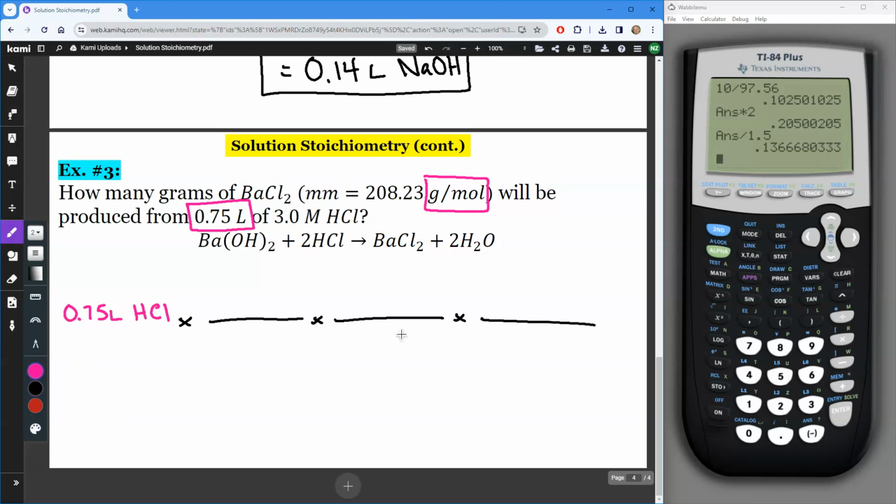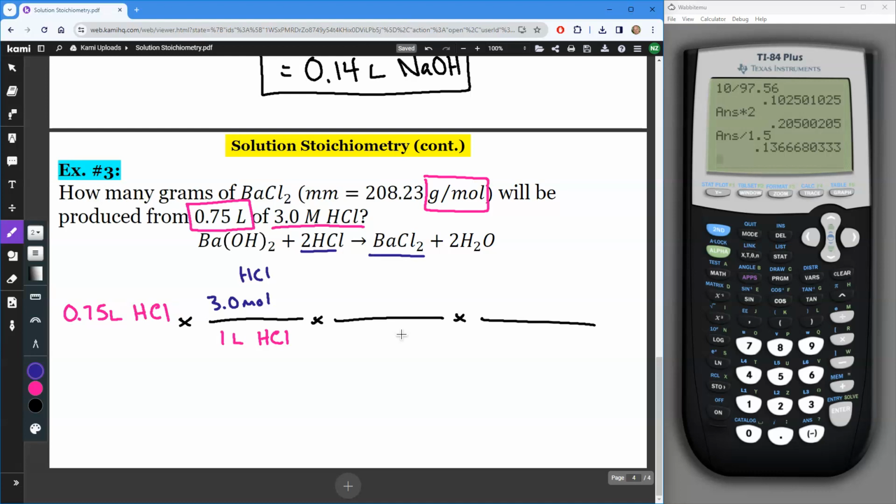We have our molarity. It's 3 molar. So that means there are 3 moles for every 1 liter. Since we're in liters, our 1 liter is going to go on the bottom. And there are 3 moles. Again, we use our molarity and we rewrite it. Then we're going from HCl to barium chloride, BaCl2.